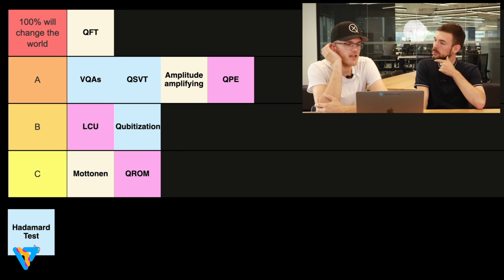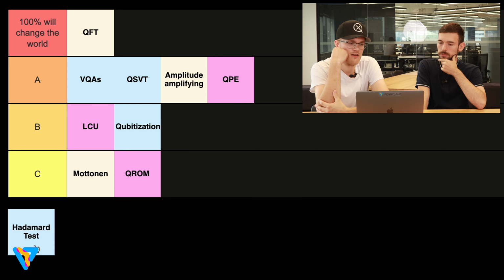Oh, okay. In a lot of these algorithms that we have in A or 100% will change the world, the measurements as part of the algorithm are not measurements of an expectation value of some operator or whatever. They're just measured in the computational basis, like just do a Pauli-Z measurement basically. What I think is cool about it is it offers you a very simple way to get a measurement of an operator that may otherwise be complicated to measure.